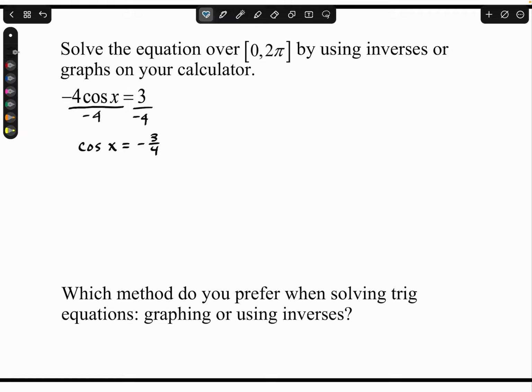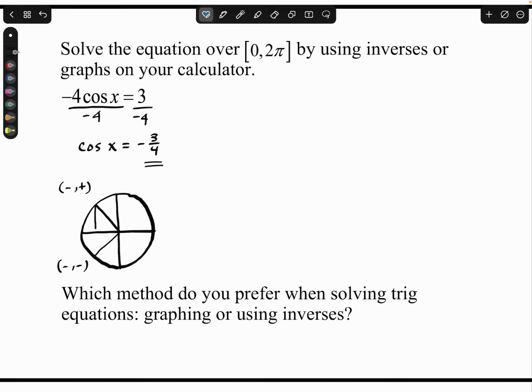So if I want to do this one using inverses, just think about where this has got to be. Where are the cosine values negative? Well, that's got to be in quadrant number 2 or quadrant number 3. So let's just draw on those parts of the bow tie.